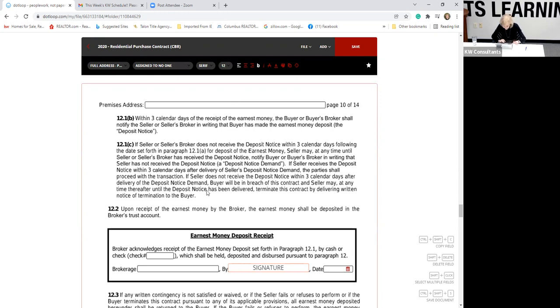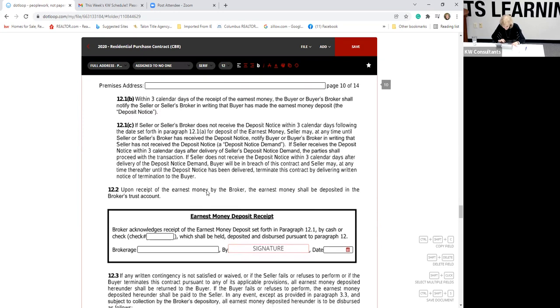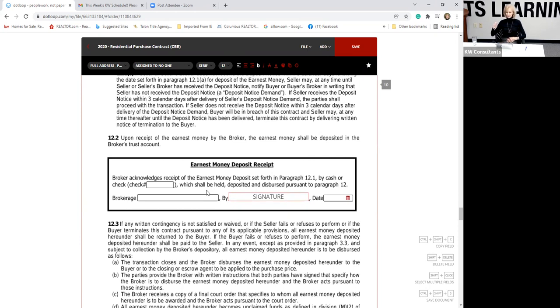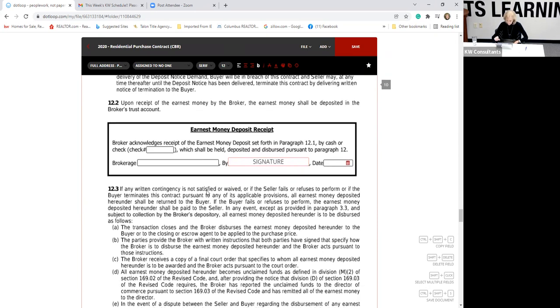So this just talks more about the earnest money. And when you get it, you have the envelopes up front, you fill it out and give it to Lisa. And as far as the listing agent, they want to know when you have that deposit.